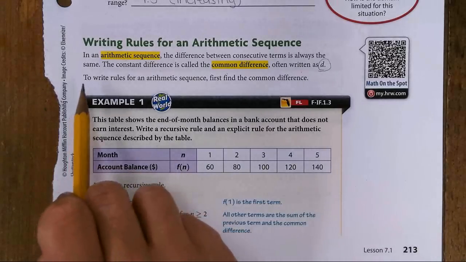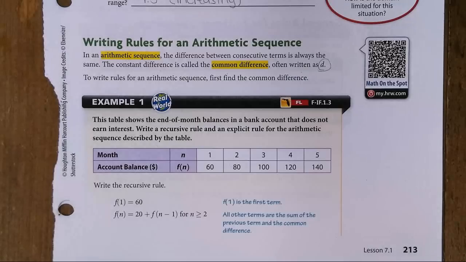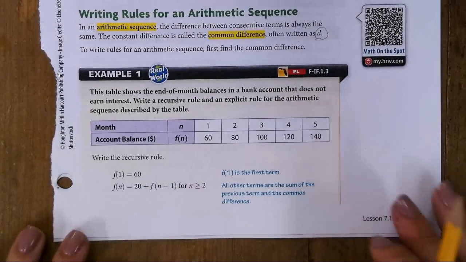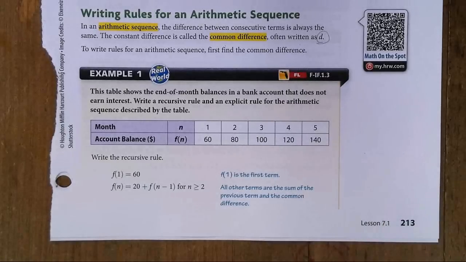Here it says that to write rules for an arithmetic sequence, you first want to find the common difference. So we're going to go into this first example down here. It says this table shows the end of the month balances in a bank account that does not earn interest. It's asking us to write a recursive rule and an explicit rule for the arithmetic sequence described by the table.